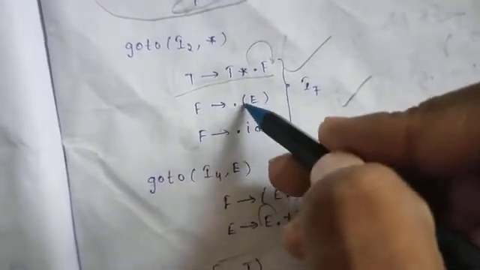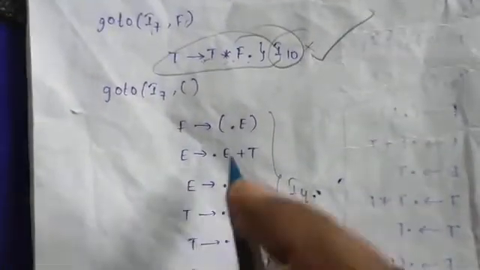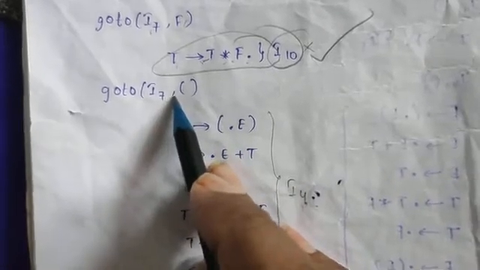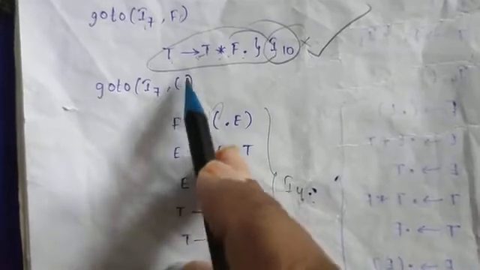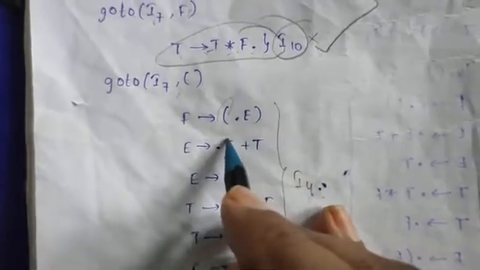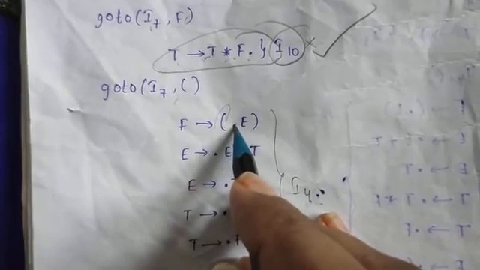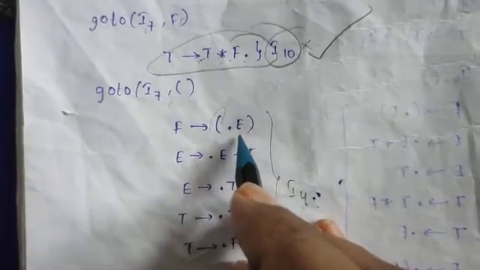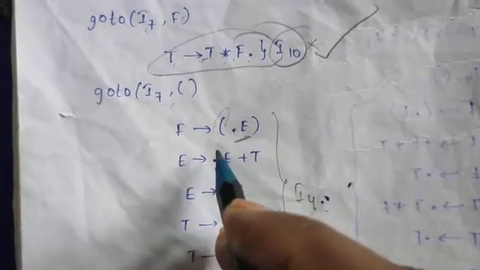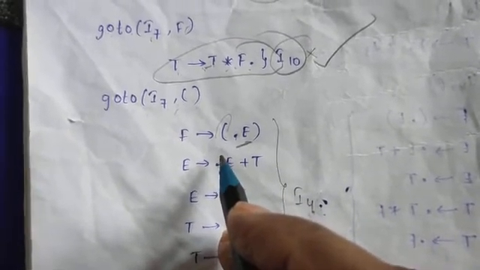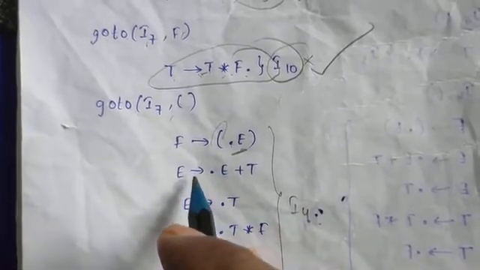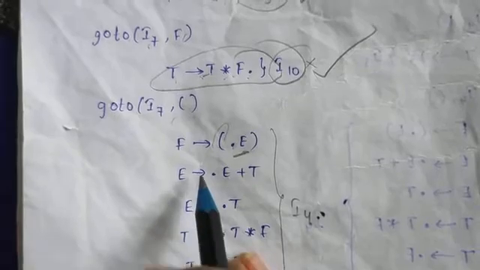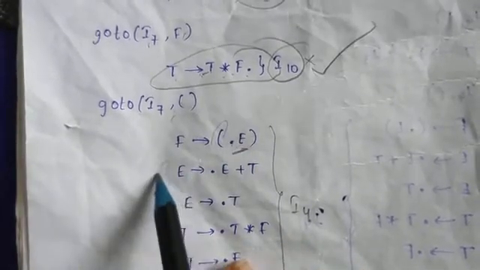The first one is open braces, the dot moving over open braces. For that reason here goto I7 comma open braces. Now the dot is moving on open braces. After the dot we again have a non-terminal. Again it will match with A tends to alpha dot B beta. In such productions B tends to dot gamma will be placed on closure of I. For that reason we'll place E productions there.